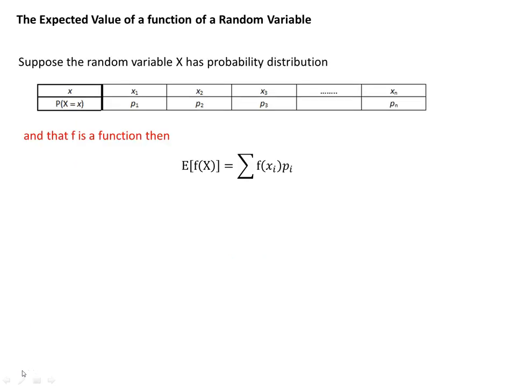If we have a random variable which takes values x1 with probability p1, x2 with probability p2, etc., and f is a function, then the expected value of the function of the random variable X is simply the sum of the function applied to each individual value of x times the corresponding probability that the random variable takes that value of x.